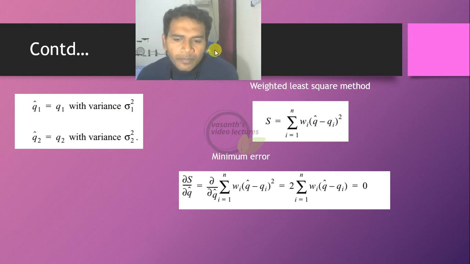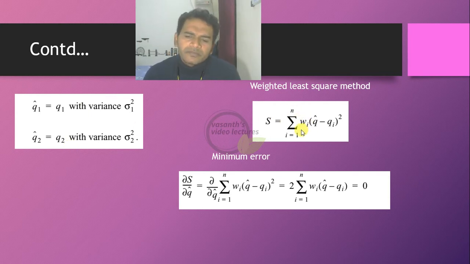When you apply a weighted least square method, that means you define a weight for one particular output and then a second weight for another output. Once you give a weight, that becomes a weight function w suffix i, and if you sum based upon these weights, you will yield a result for Q, that is S equals sigma i equals 1 to n of Wi times (Q cap minus Qi) whole square. That is a weighted least square that is obtained from these two fundamental outputs.